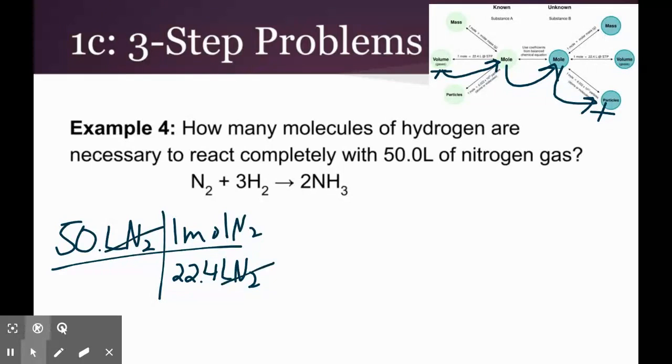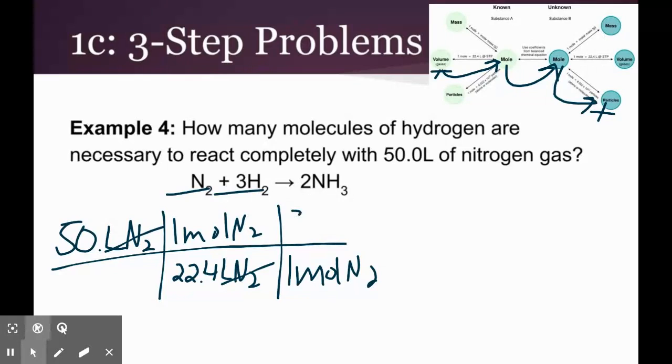So liters cancels out. Now we want to use the mole ratio to go from moles of N2 to moles of hydrogen. So moles of N2 cancels out, and now we want to go from moles of hydrogen to molecules of hydrogen.